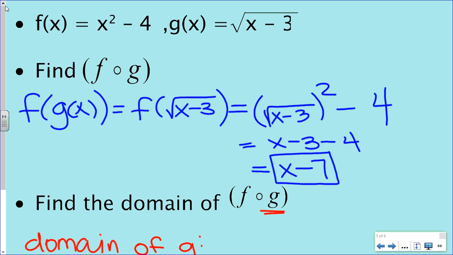You can either graph that in about 10 seconds or draw that visually in your head in about 10 seconds. Either jot it down if you need the visual or think about it in your head. Okay. Robert, what's our domain for g?